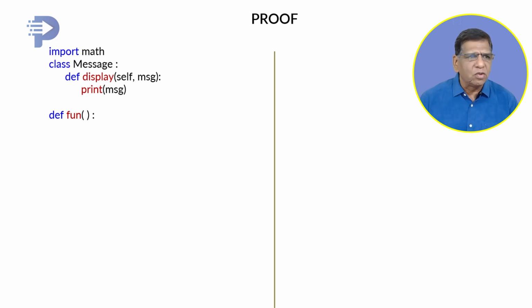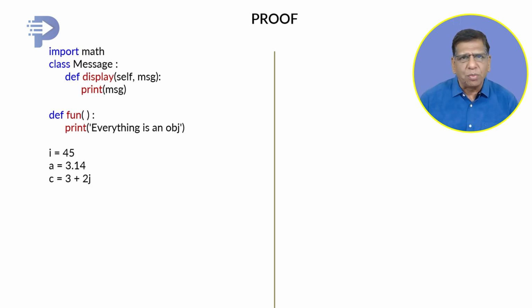So it's a global function which just prints out another message. And then I create an integer object, store 45 in it, store its reference in i. Likewise, I create one more float object, its value is 3.14, its address is stored in a. Then I create a complex object by saying 3 plus 2j, where 3 is its real part, 2 is its imaginary part, and then store the address of this object in c.